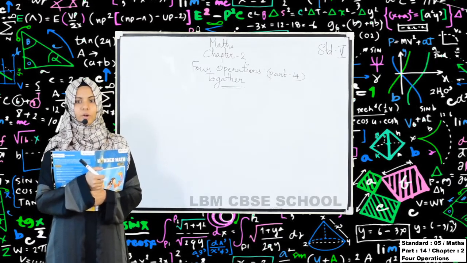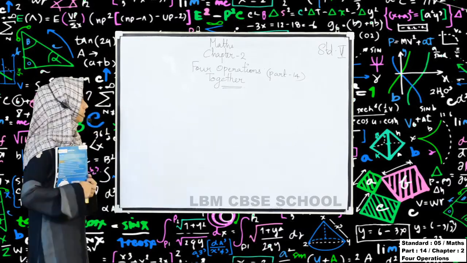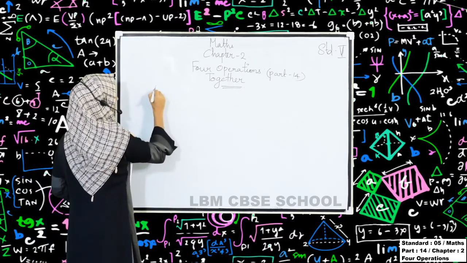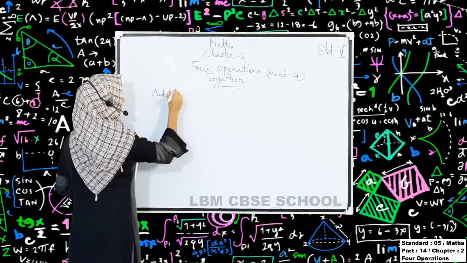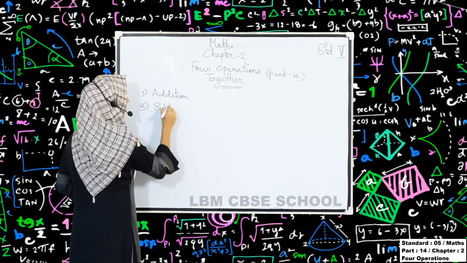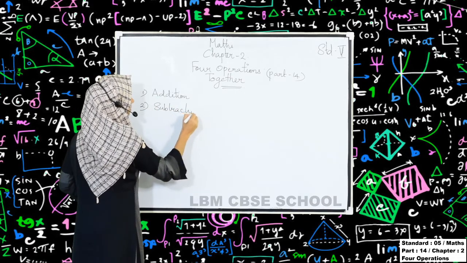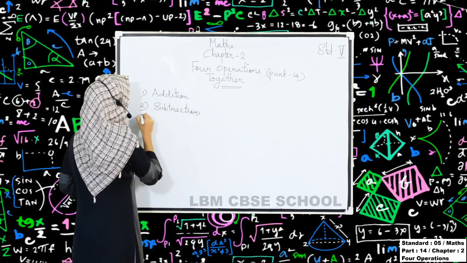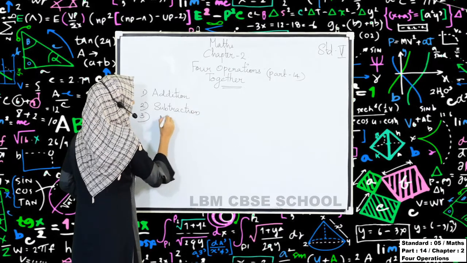And what are the four operations? The first operation is addition. Second one is subtraction. Third one is multiplication.